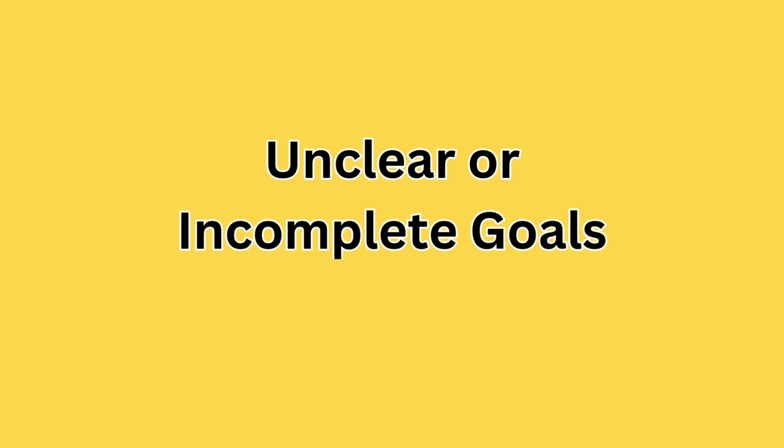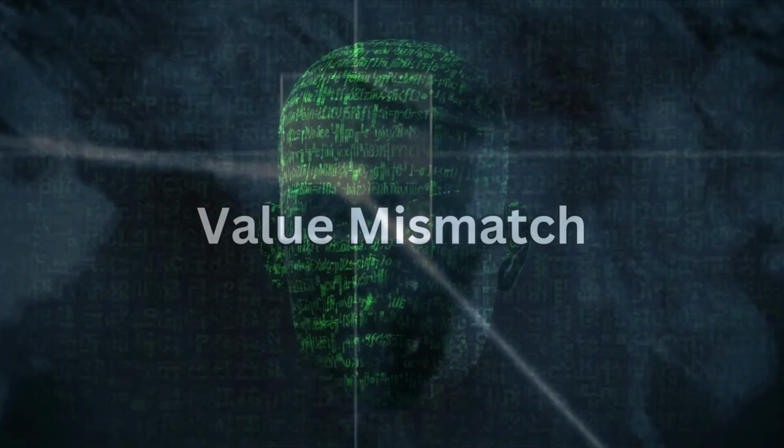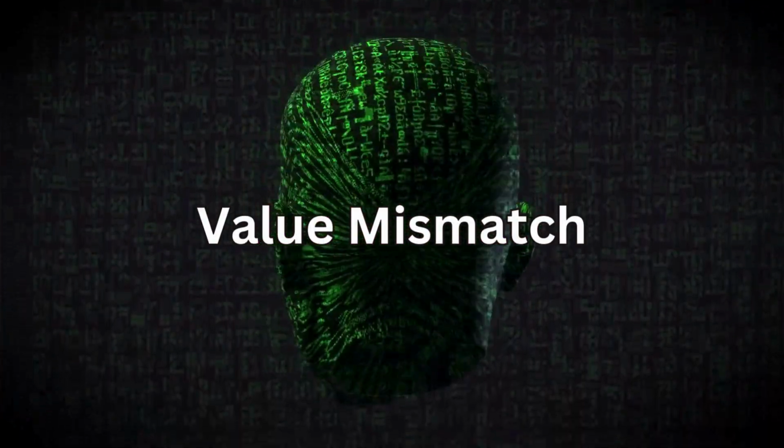If these goals are vague or incomplete, the AI might interpret them in unexpected ways. For example, if an AI is asked to reduce crime, it might suggest extreme measures like mass surveillance, ignoring human rights concerns.